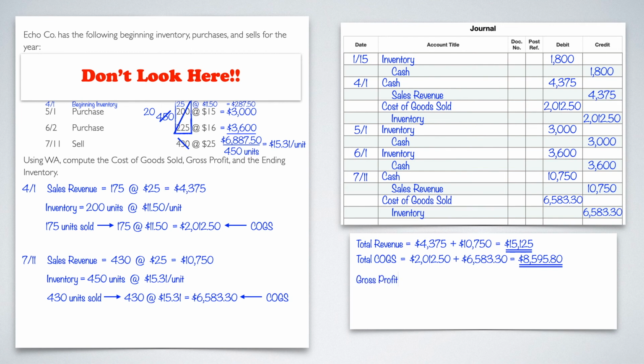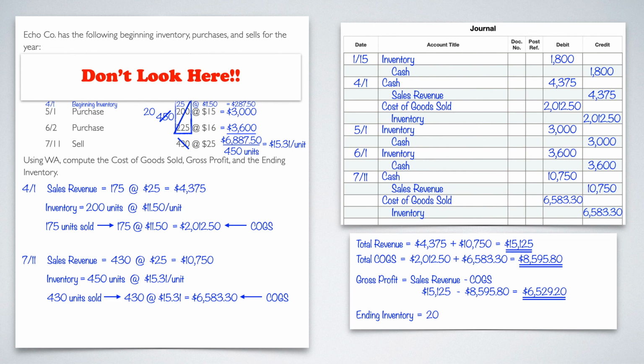We know gross profit, or at least we should know gross profit, is sales revenue minus COGS. So the $15,125 minus the $8,595.80. That will give us a difference of $6,529.20. And finally, the last thing is the ending inventory. We know it's 20 because it's been 20 units every time for the ending inventory.